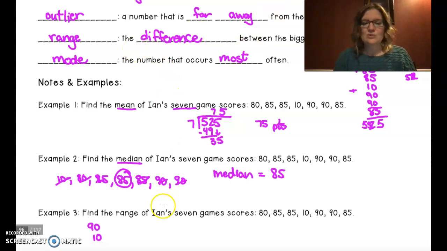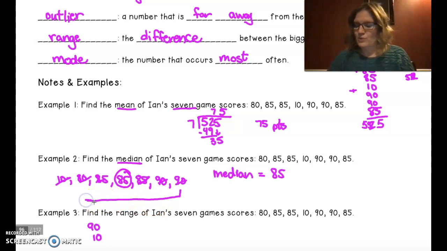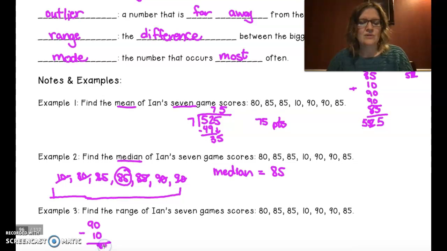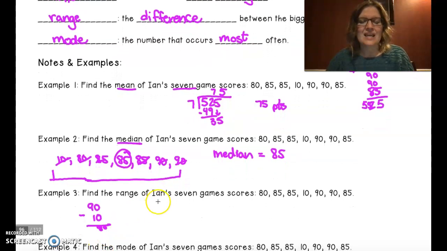So how much is it between this number and this number? When we put between 10 and 90, we subtract, and our range is 80.